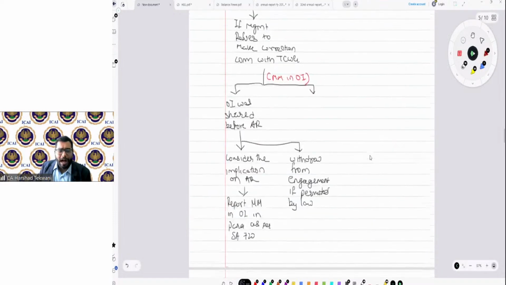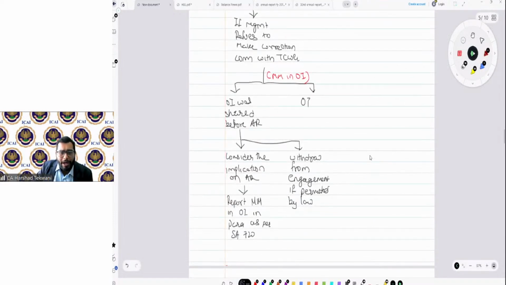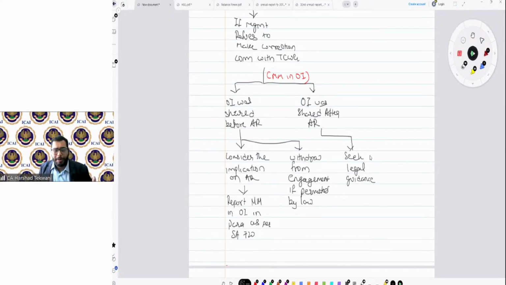Now, what if I obtain the other information after the date of the audit report? In that case, what I will do is seek legal guidance on what should be done, because I have communicated to management and they are not rectifying it.